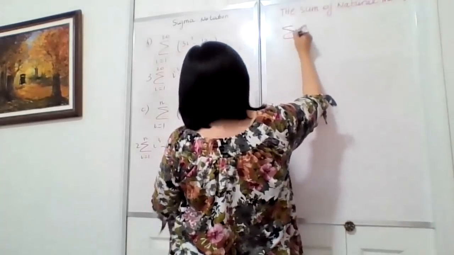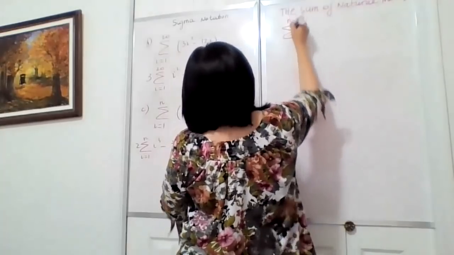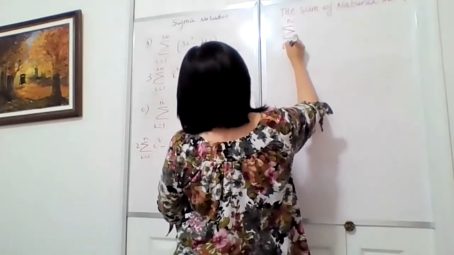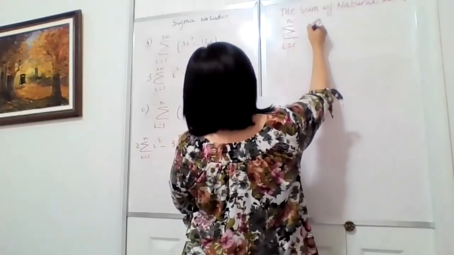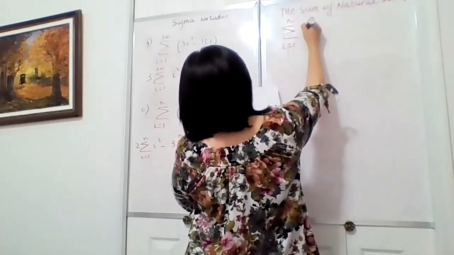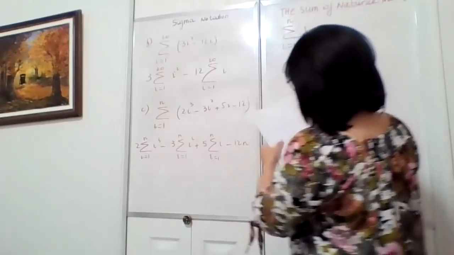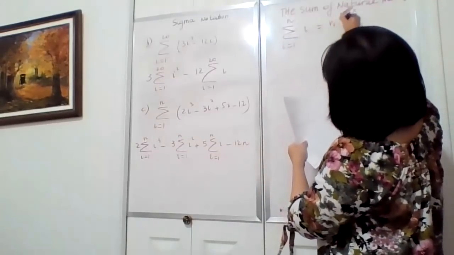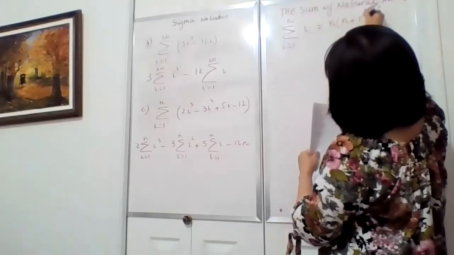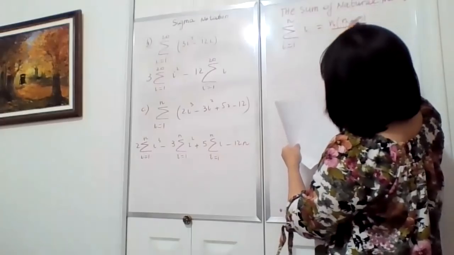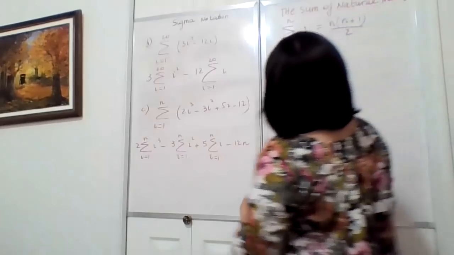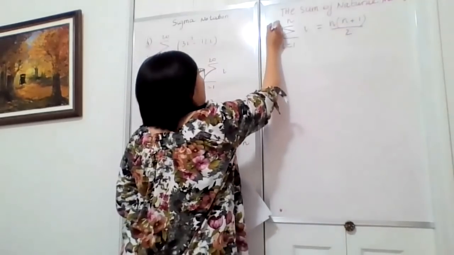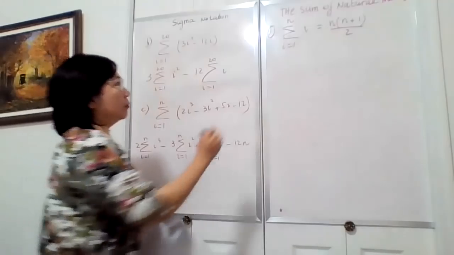Our first sum looks like this: the sum from i equals 1 to n of i. Now, it turns out this becomes n times (n plus 1) over 2. That is the first sum of natural numbers.